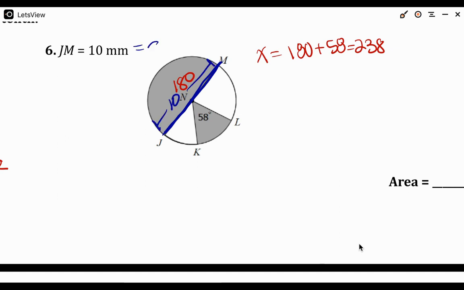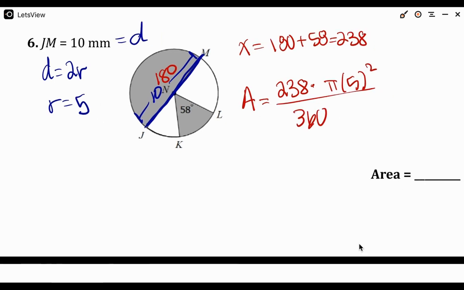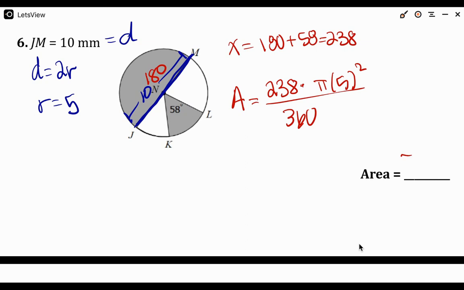So JM is your diameter. Remember, diameter is equal to 2 radii, so our radius is 5. Plug everything in: area of the shaded region is 238 times pi 5 squared over 360. So our area of the shaded region is 51.9 millimeters squared.